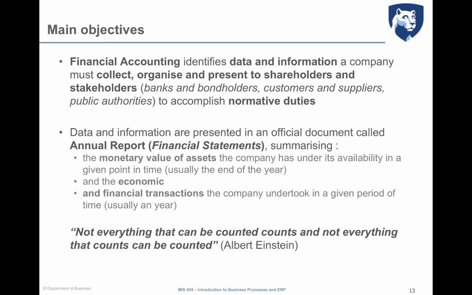All this information is summarized in what we call the annual report or company financial statement, which essentially includes information about company assets and liabilities, an economic snapshot of the company through their income statement, and an overview of the cash liquidity situation of the company with the cash flow statement.